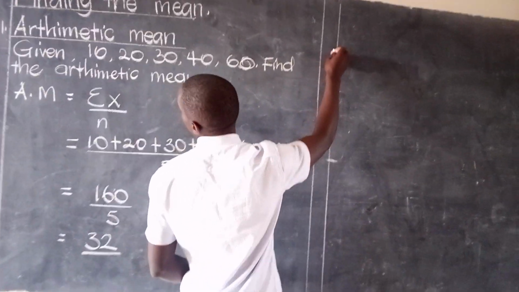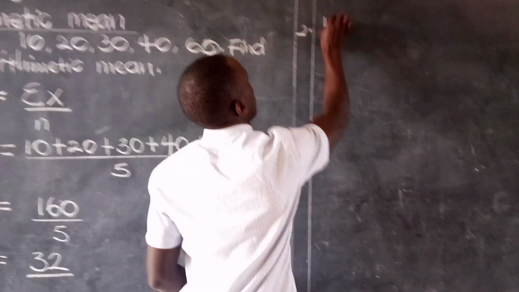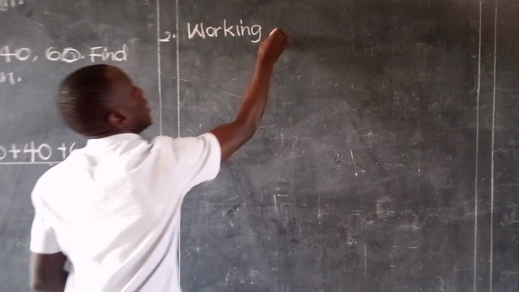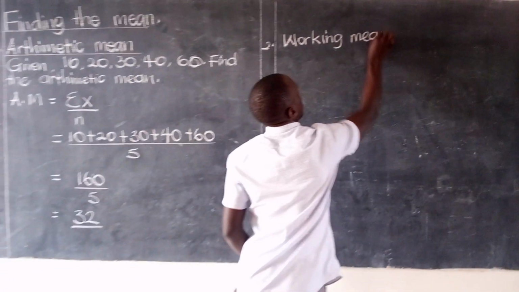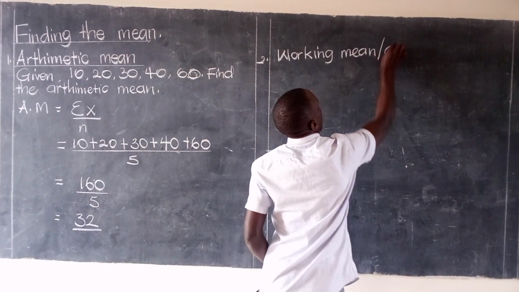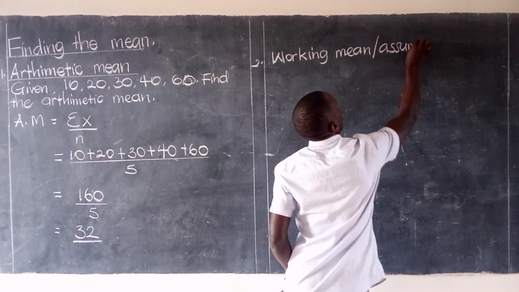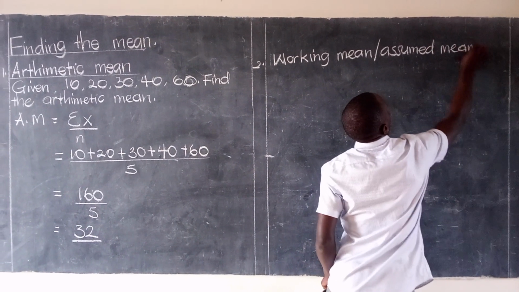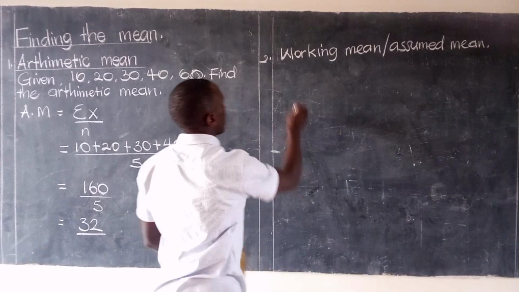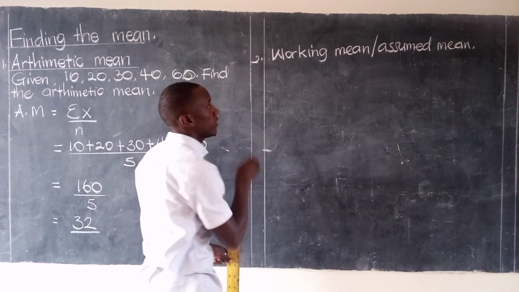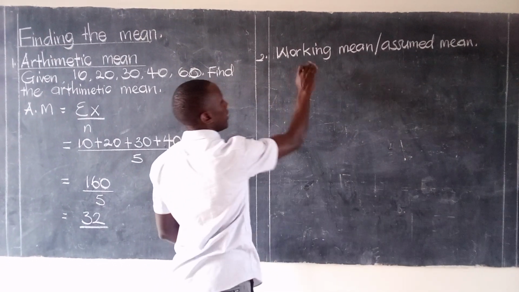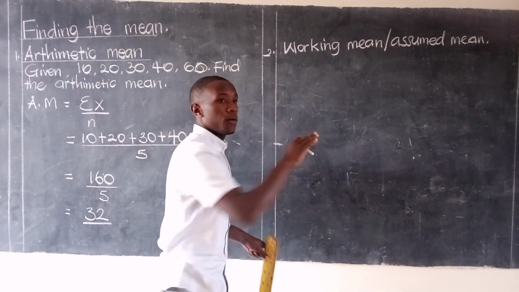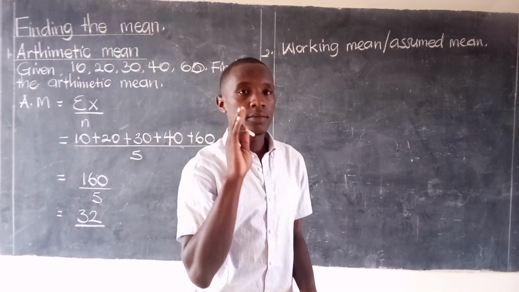Then let's look at the working mean, sometimes called the assumed mean. It's very simple. We use this method if you're finding the mean and you're given the working mean, and most of the time the working mean is a constant.